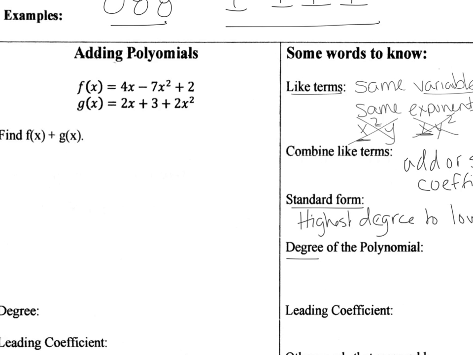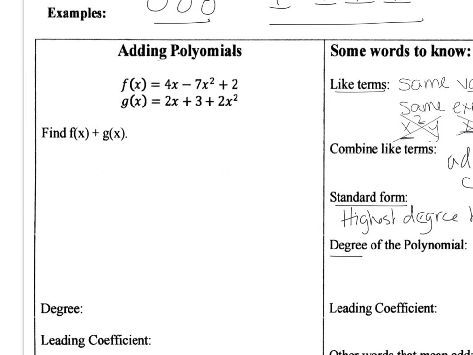So if you look at these, this 7x squared, the squared here, that's the degree I'm talking about, the squared is the highest. It should be first if this was in standard position. So that's all that means. It should go from highest exponent to lowest exponent. That's what standard form is.